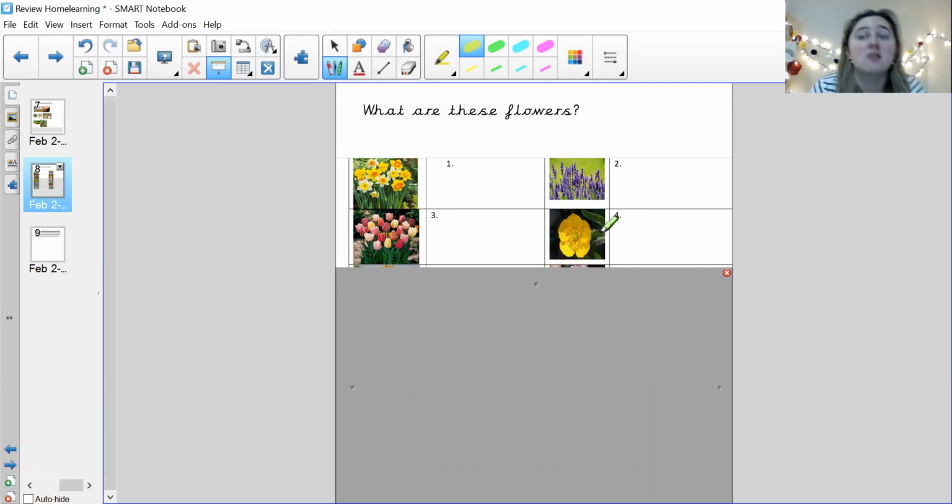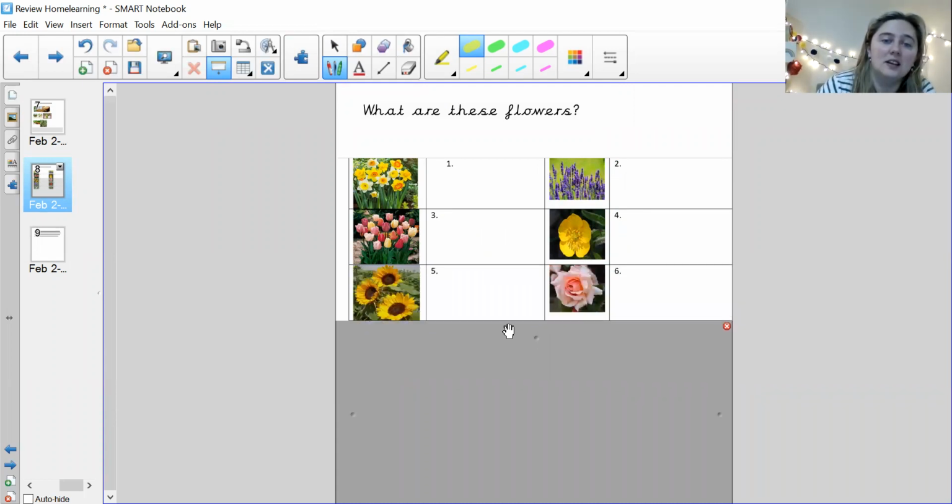And this one here, the one that you can put under your chin and it makes a little glowy mark on you. Buttercup, good. Okay, how about number five? Beautiful, beautiful. Sunflower, good. And what's this one? This one smells lovely. Good, it's a rose.